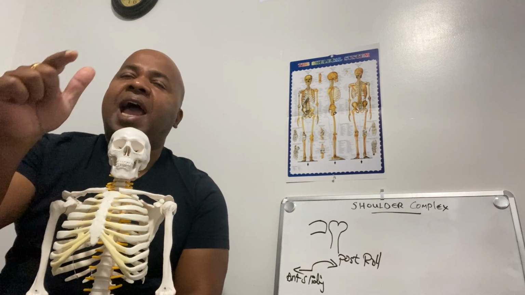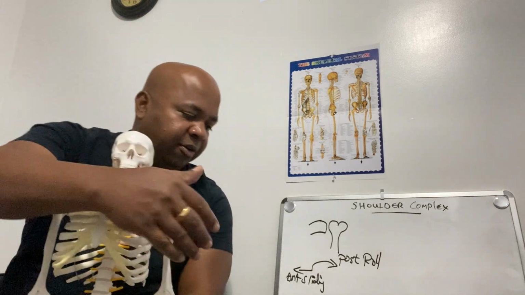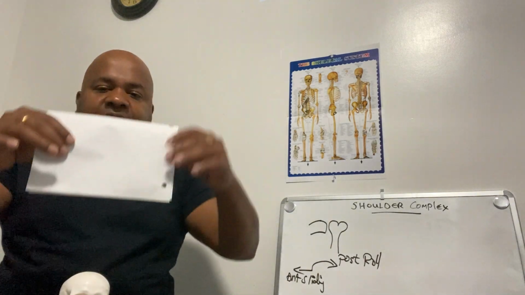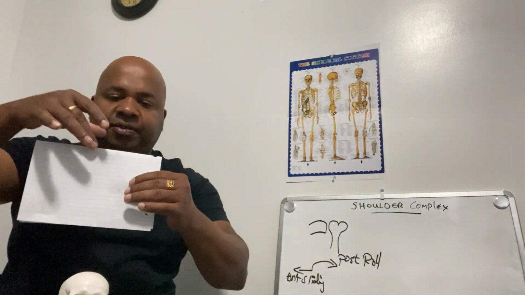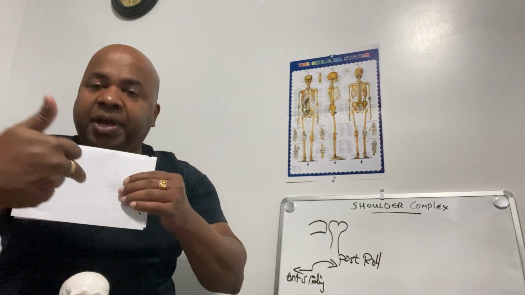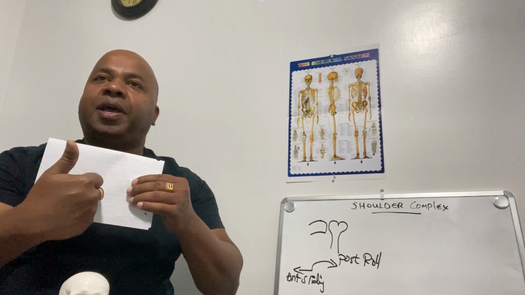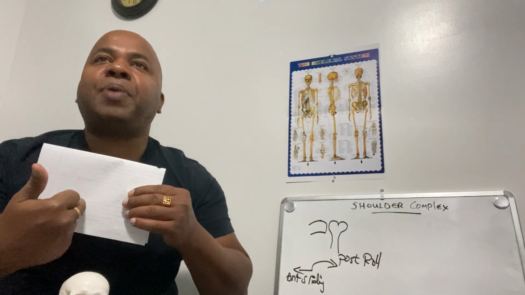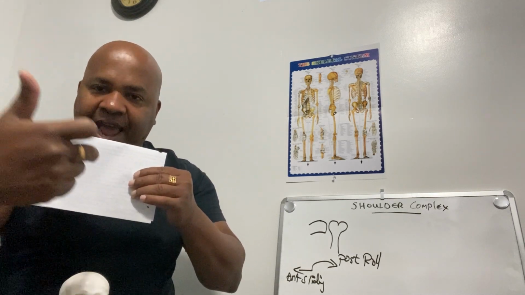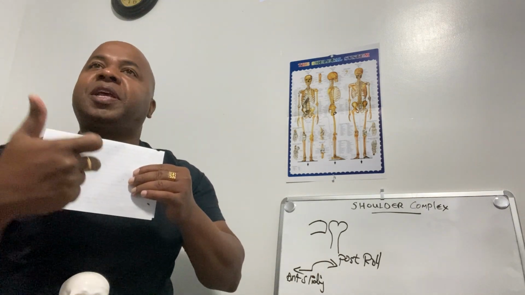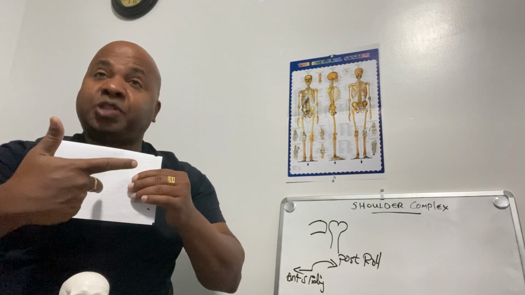And which is the axis? If the plane is like this, the axis should be the line which passes perpendicular to the plane. So what should be the axis?